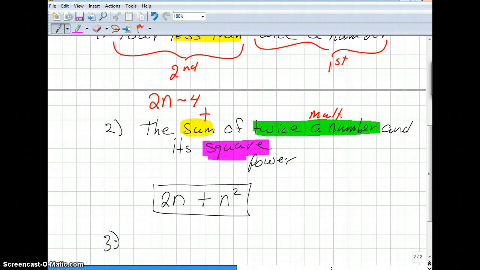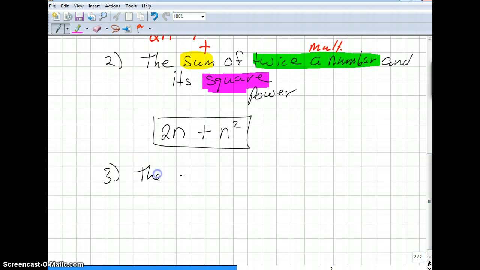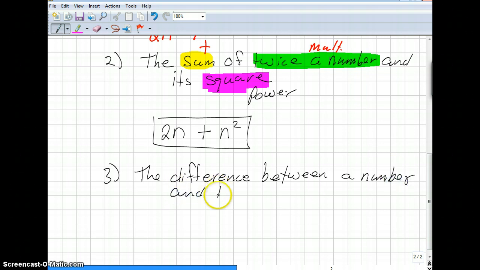Example 3. The difference between a number and 3. Okay? So difference tells us that we're going to be subtracting.